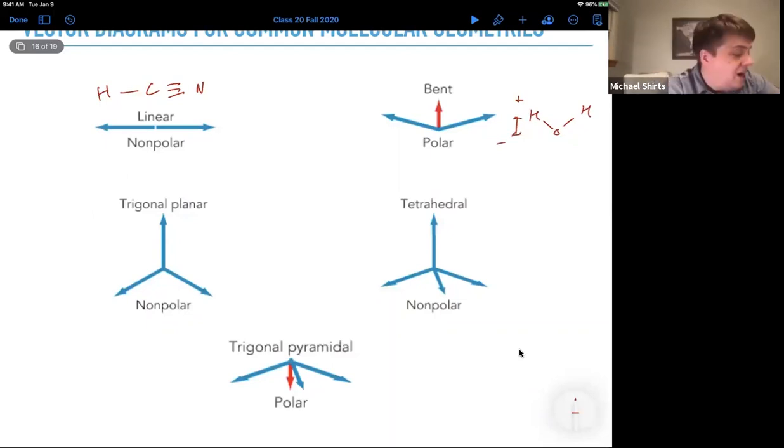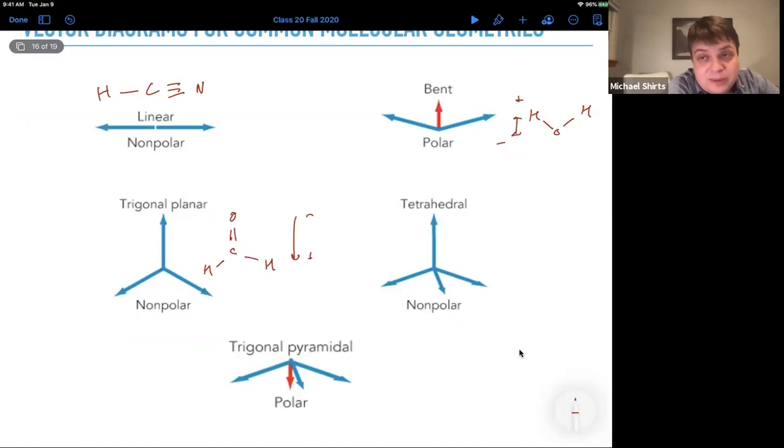Trigonal planar, again, will have no net dipole if all three are the same. If they're different, then you will. For example, OCH2 will have a dipole again because of the electron withdrawing, going from negative to positive like that. So it's not all trigonal planar molecules.